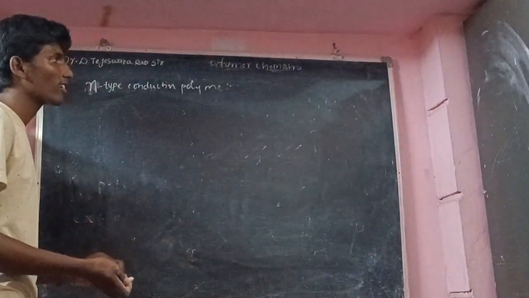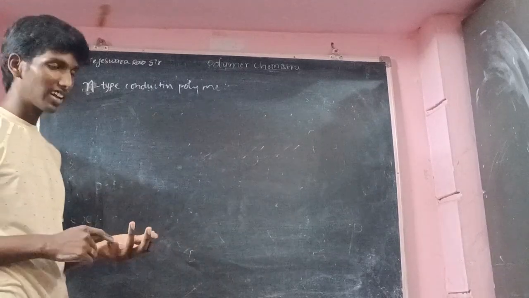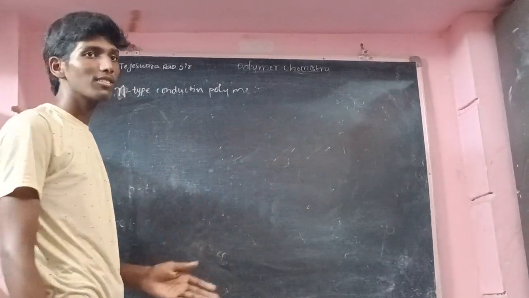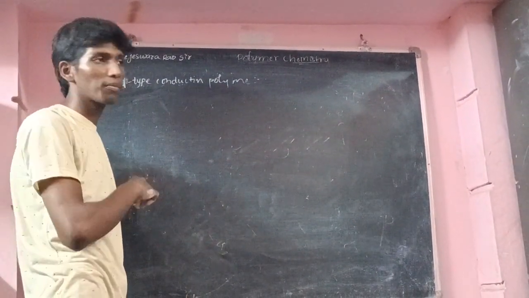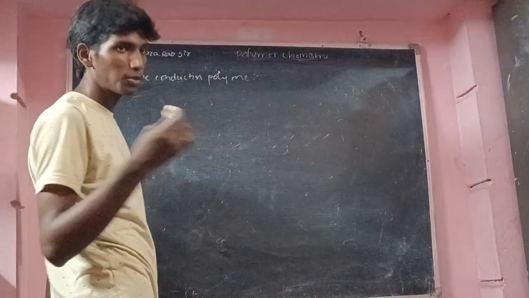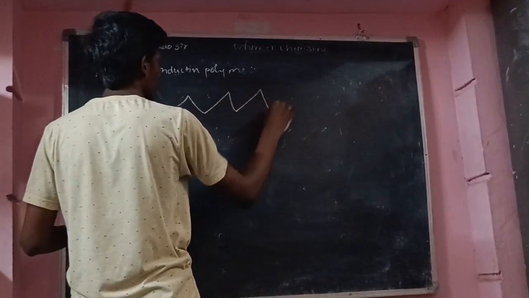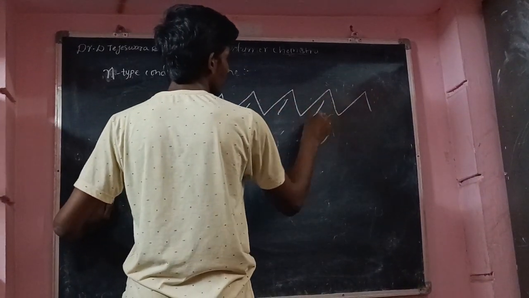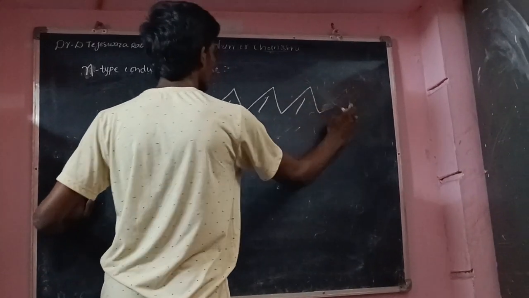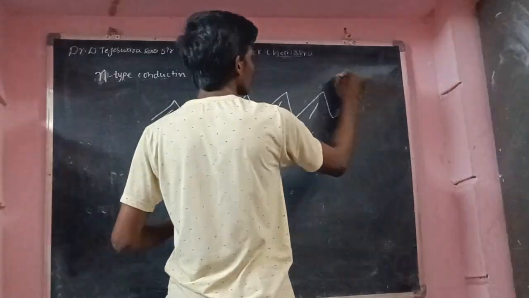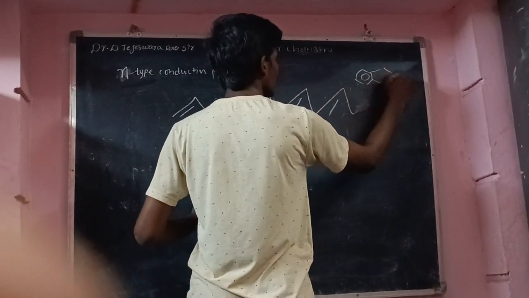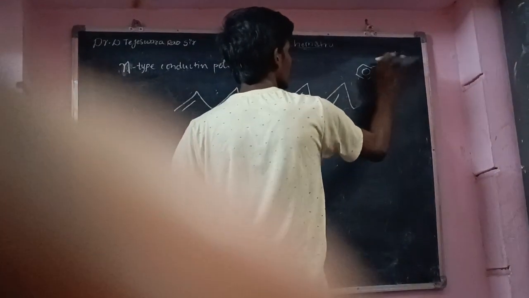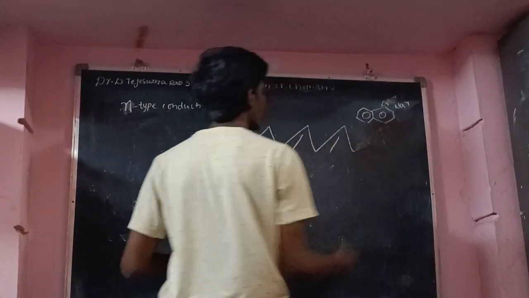N-type. In N-type conducting polymers, it is done by a reduction process, and the agent is a Lewis base. A Lewis base donates an electron pair to the carbon. Here the Lewis base is used.